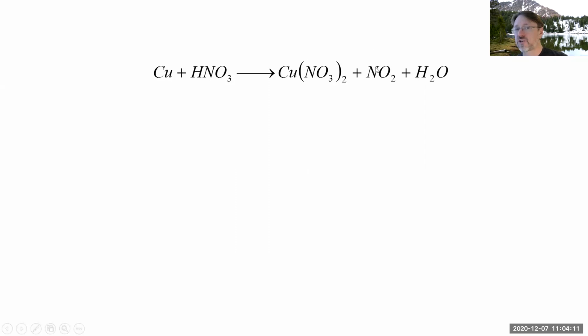We have nitrogen in 2 different places on the right-hand side. And so it's kind of hard to know how to balance this as we go. But using our oxidation numbers, we can figure out how to do this. So let's take a look. Let's first assign our oxidation numbers. I'm going to give you a moment to do that here.